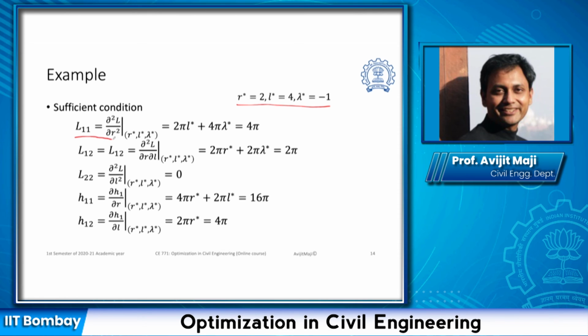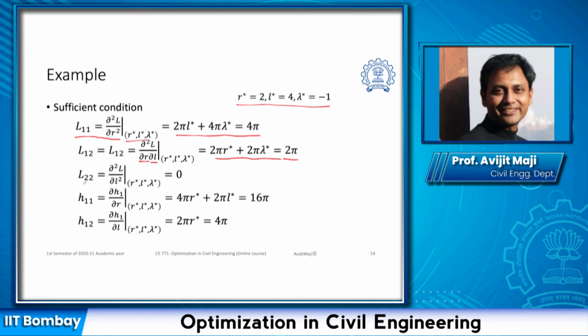L11, which is the second order partial derivative with respect to the first variable at this point, is going to be 4 pi. The second one is the partial derivative of the Lagrange function with respect to first the radius, second with respect to the length, and once we substitute the value of the extreme variable value, we can get the value of this as 2 pi.